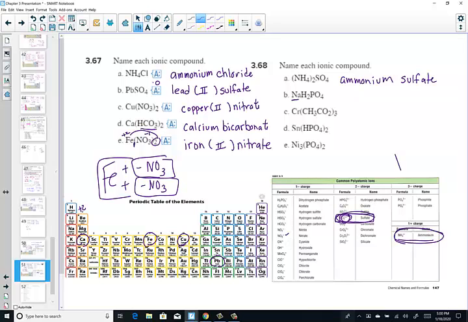Here's the first element in letter B. Elemental symbol Na stands for sodium. Here is a whole lot of elements. It's a group of elements acting as a unit, carrying a charge. H2PO4 negative. That's right there on our chart. It's called dihydrogen phosphate. All that has to be written out.